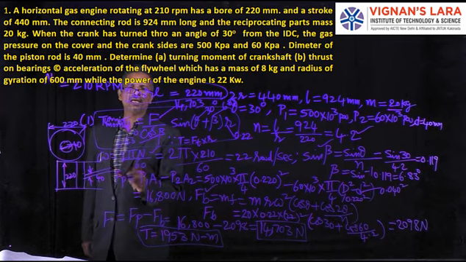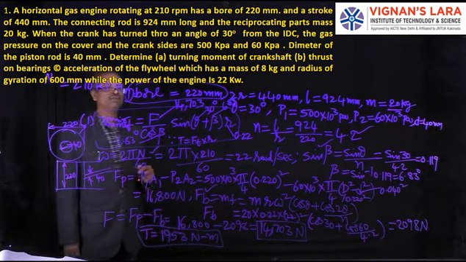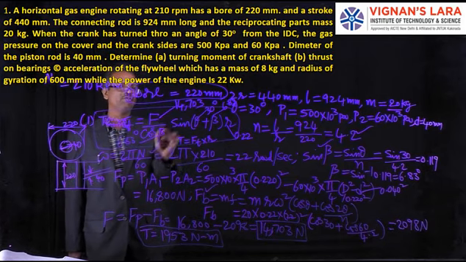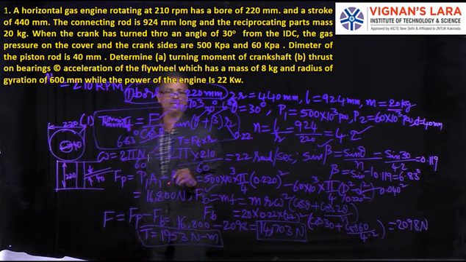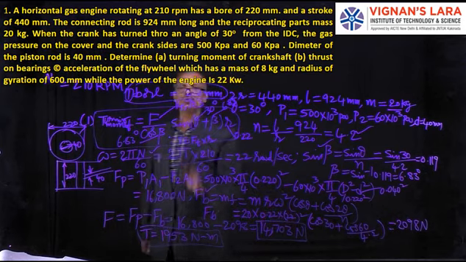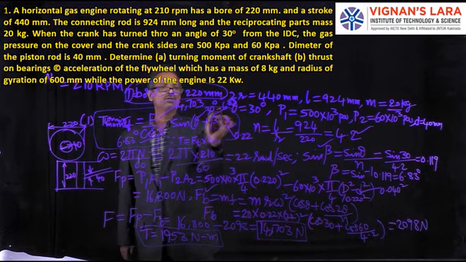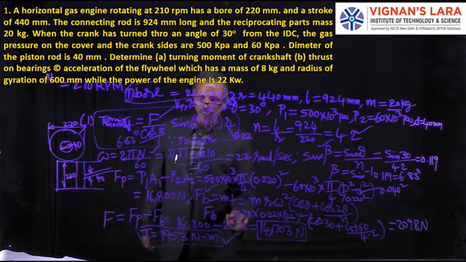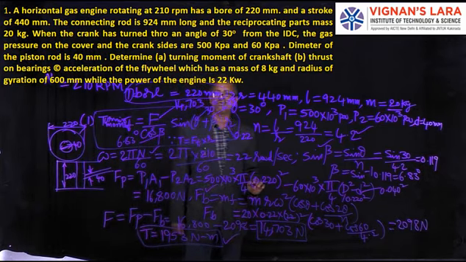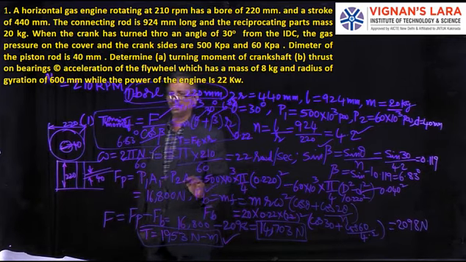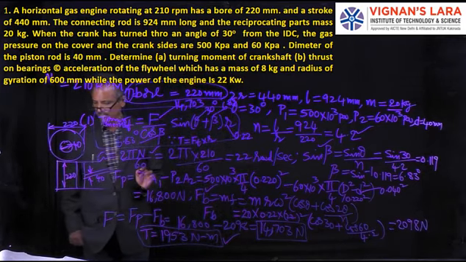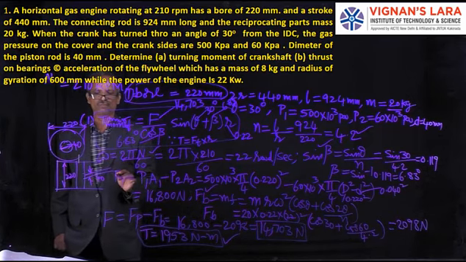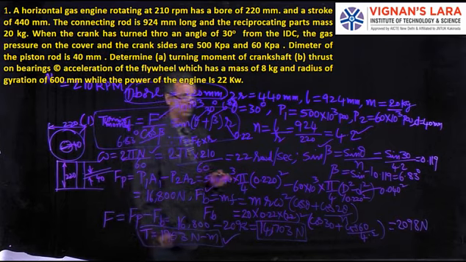So to get my turning moment, the equation for that is Ft into R. So Ft is nothing but F by cos beta into sin theta plus beta. This F value is substituted, and theta, beta value substituted, R value substituted. Then I get T, turning moment, is 1953 Newton meter. This is the first part of our problem. Then we will see the second and third part.